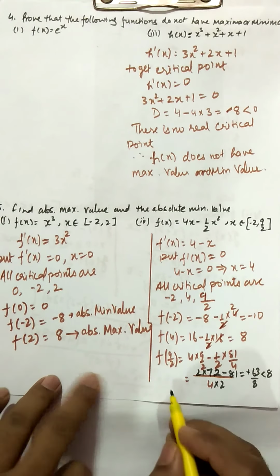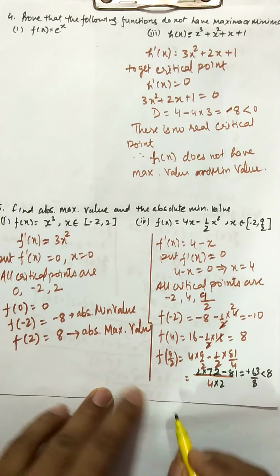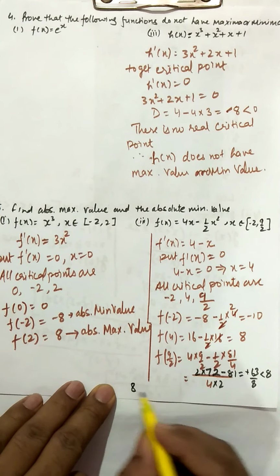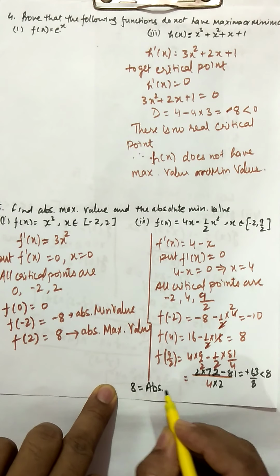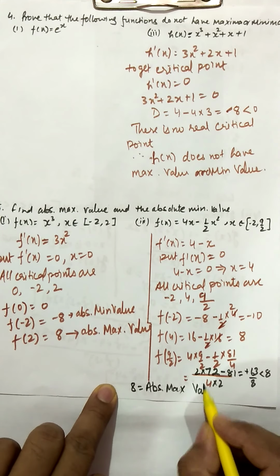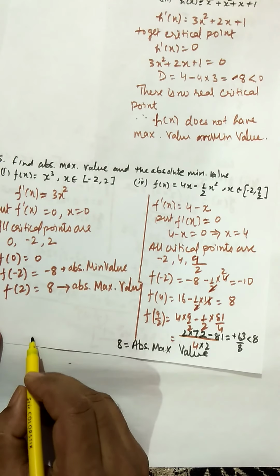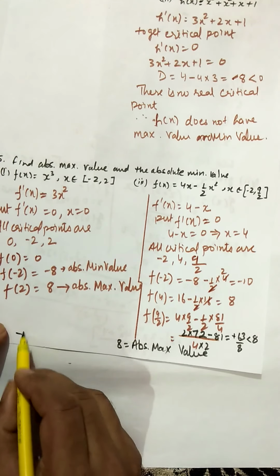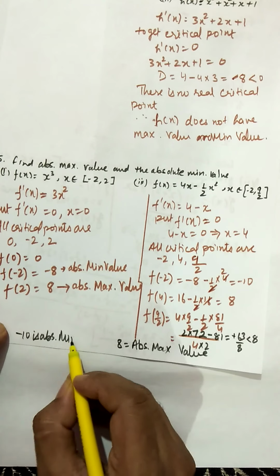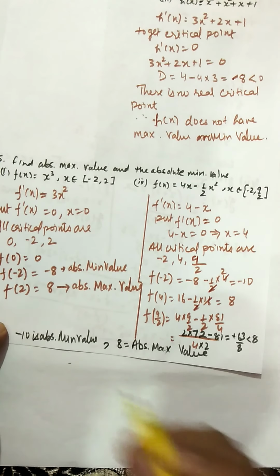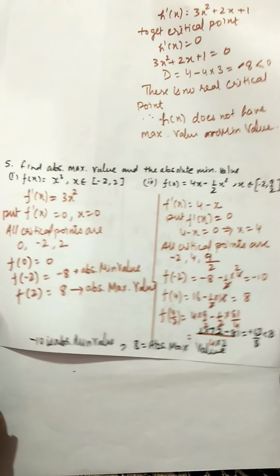So we can write that 8 is your absolute maximum value, and minus 10 is the absolute minimum value. So this way you can see how we have found the minimum value and maximum value.